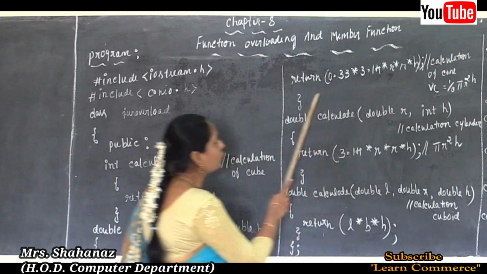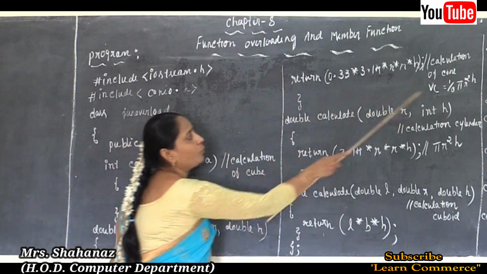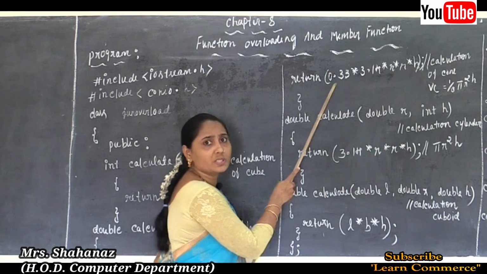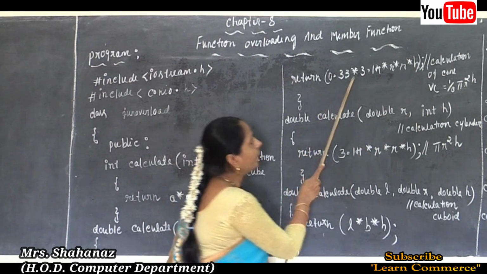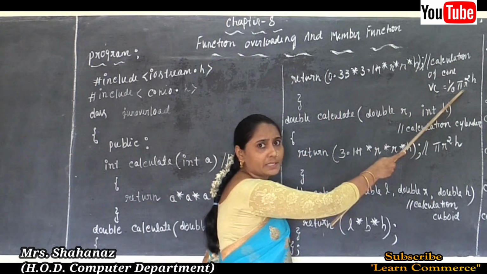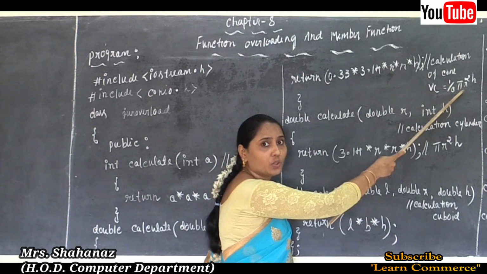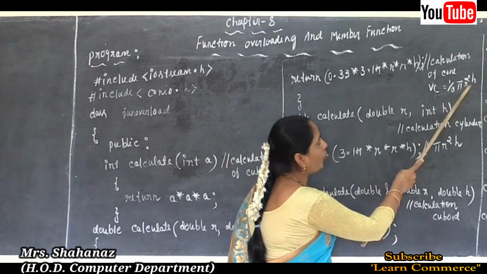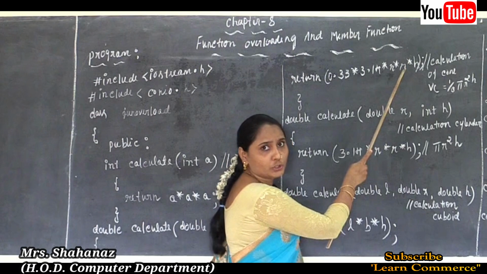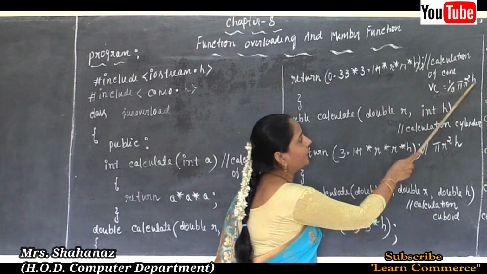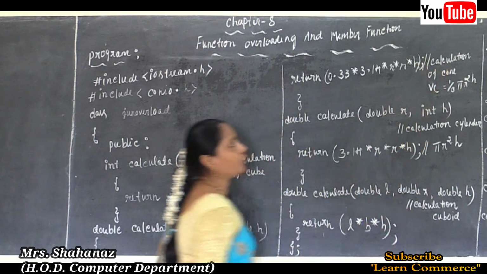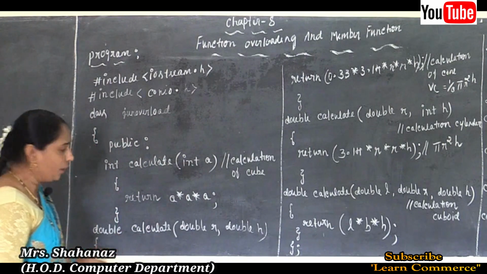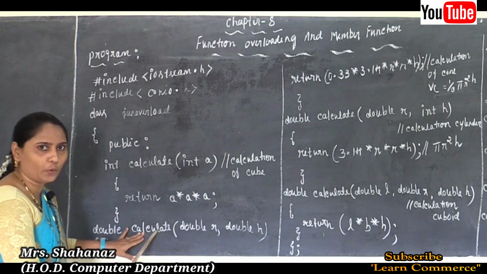So we take 1/3 as 0.33, into the pi value, which is a fixed value, 3.14, and r square. So double r, we take r into r, and h. This is the calculation of the cone by using a function overloading program.